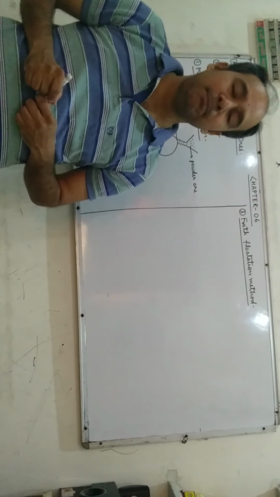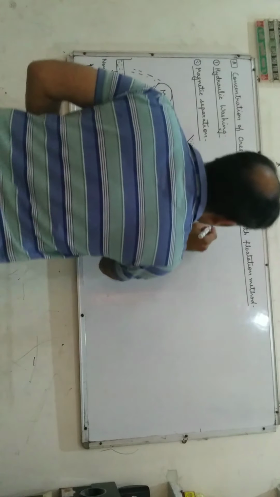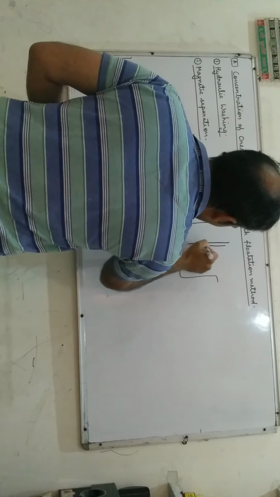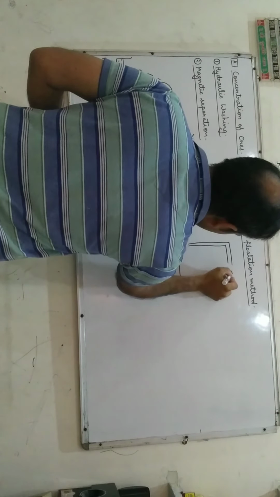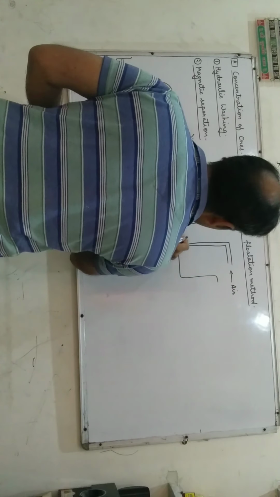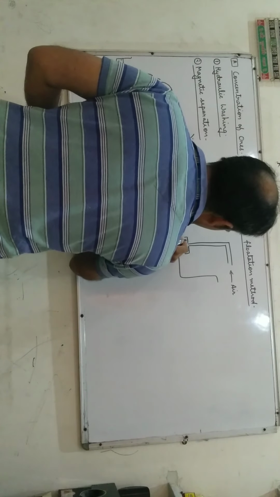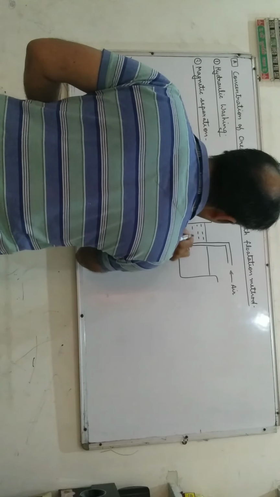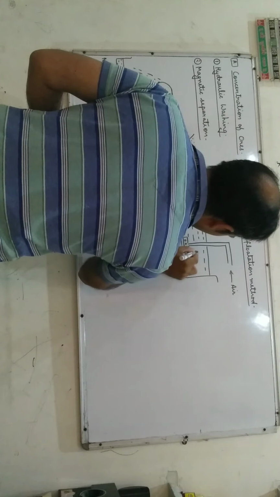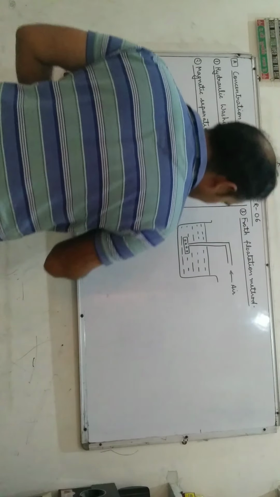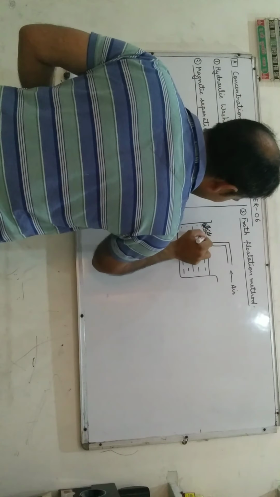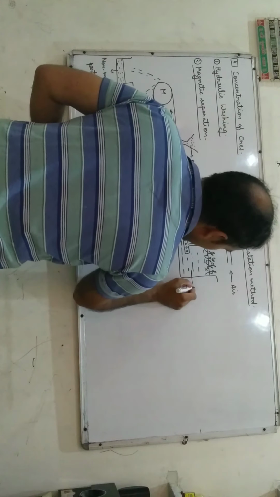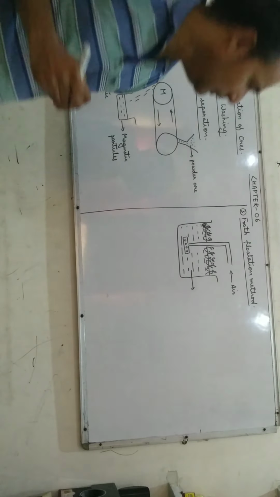In this method, powdered ore is mixed with a mixture of water and pine oil, and air is blown through them. Sulfide ore particles are light and come along with froth, which is skimmed or dried for recovery of ore particles.